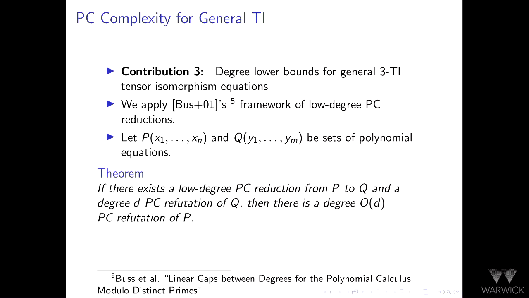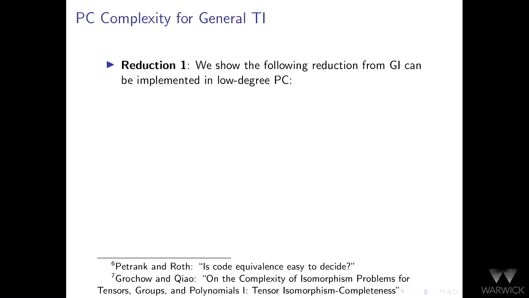That is, if there is a low degree PC reduction from P to Q and a degree D PC refutation of Q, then we get an order D PC refutation of the original system of equations P. So in particular, we show two different reductions between the tensor isomorphism equations and known lower bounds.